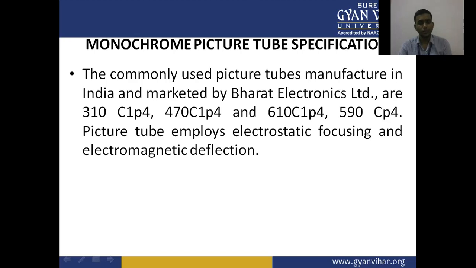So all picture tubes are based on the principle of electrostatic focusing and electromagnetic deflection. It means the electron beam is focused onto the target, our phosphor screen, and the electromagnetic deflection is used to maintain the horizontal and vertical deflection of the electron beam.